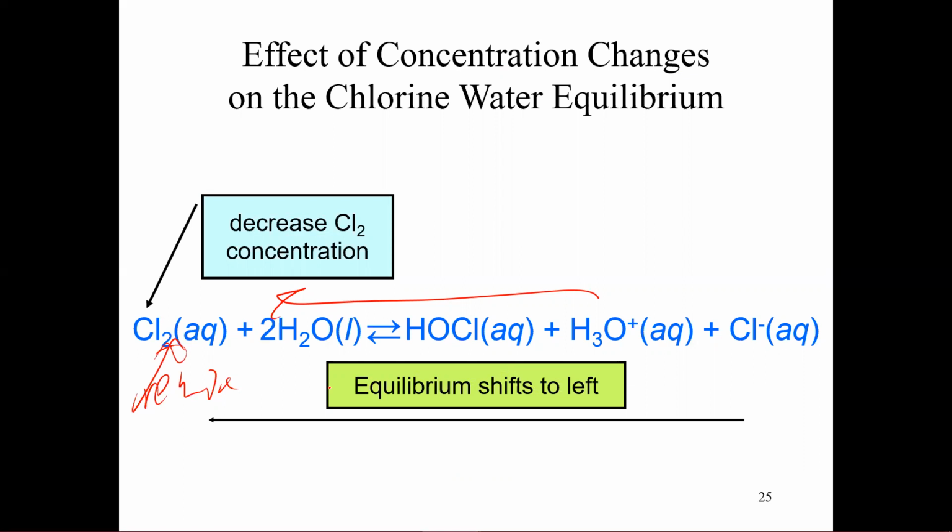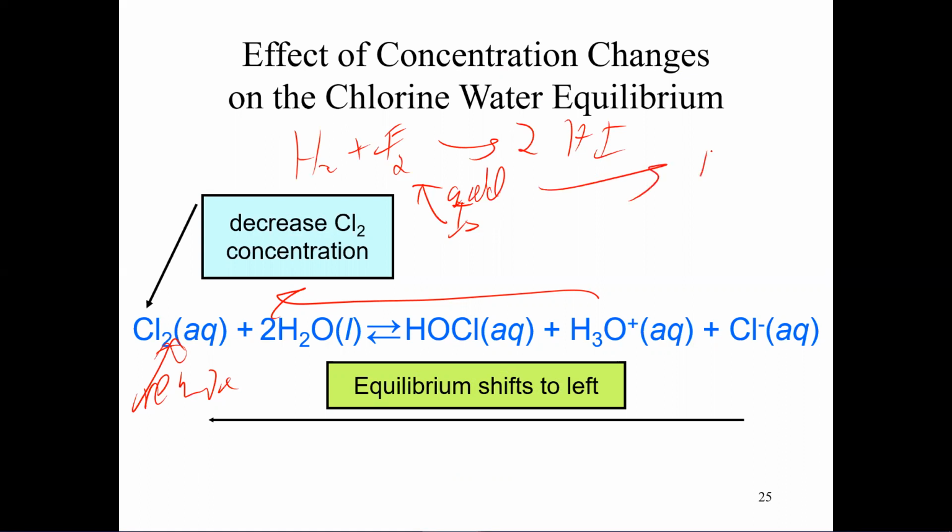That's what Le Chatelier's principle says. Like the previous one where you have H2 plus I2 going to 2HI, you added I2, and that drove it to the right. Here you remove the chlorine, decrease the concentration of chlorine because it would be a gas.